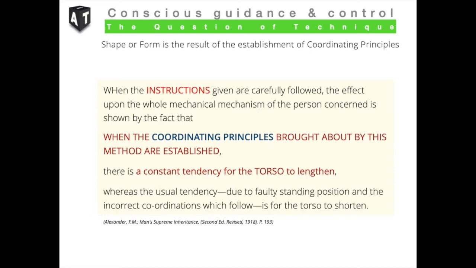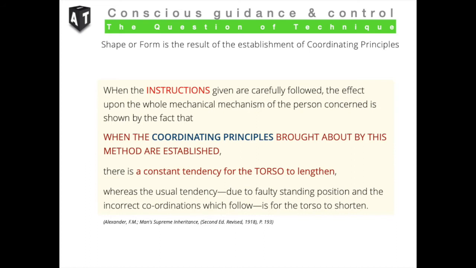So Alexander, of course, has created a technique based on instructions. So a person is using instructions in order to perform a series of actions. And he says that these instructions have to be carefully followed. So you must obey the instructions.